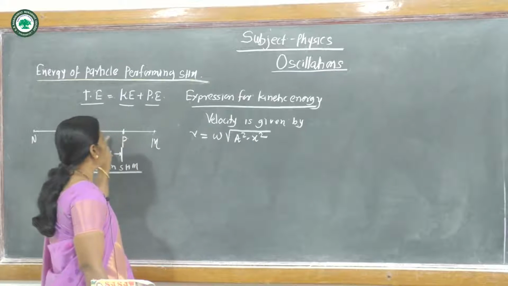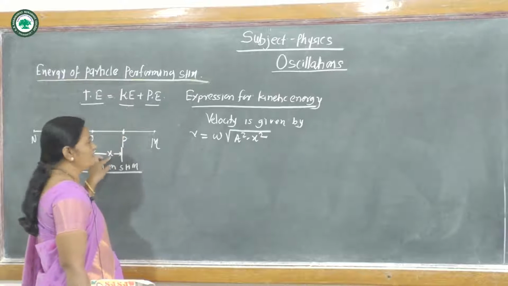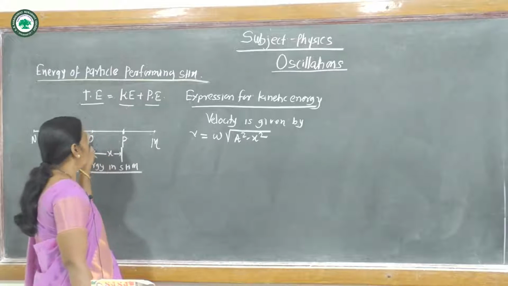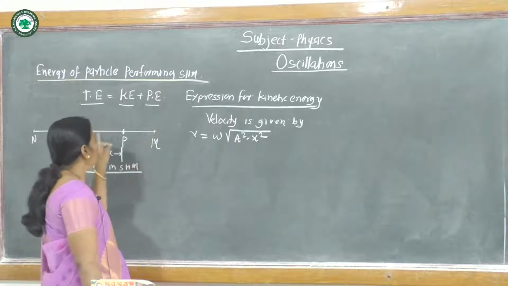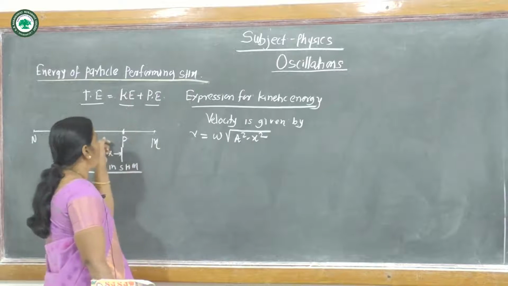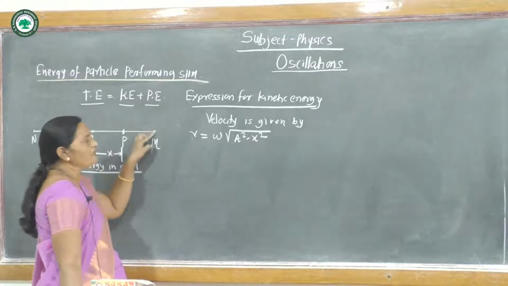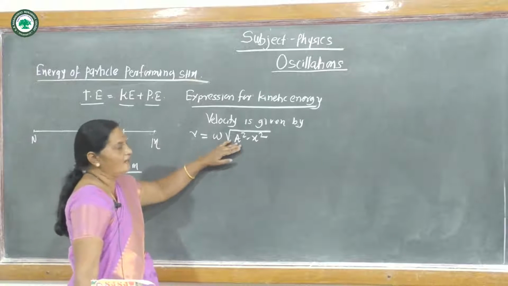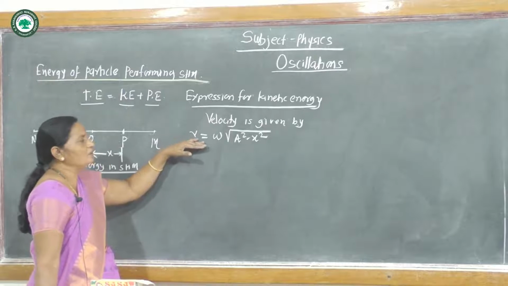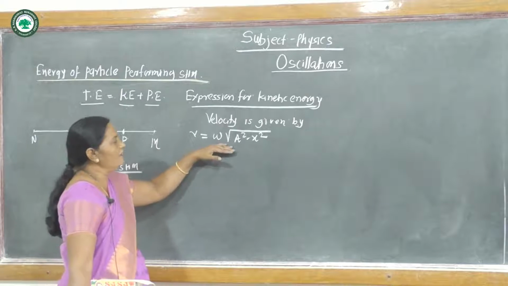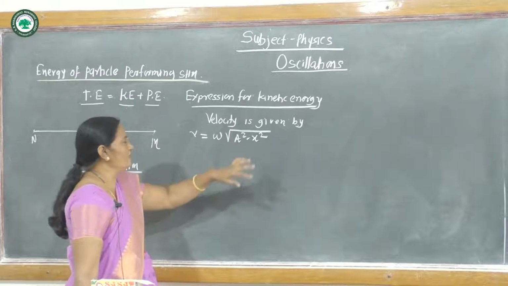Now suppose this is the distance x, that is the displacement. Now suppose the particle is here, at the extreme position. What is the amplitude here? The maximum displacement from the mean position is called the amplitude. Now the velocity is given by V is equal to omega root of a square minus x square.